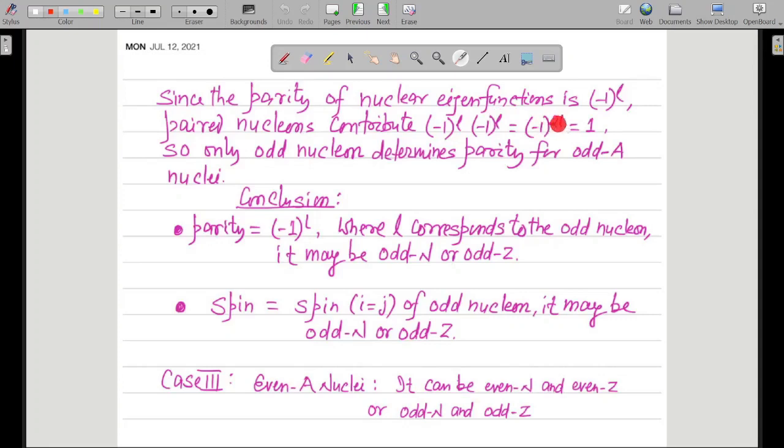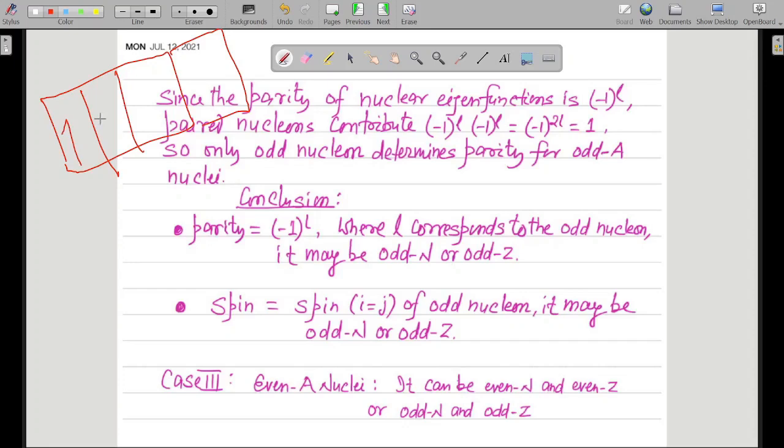So minus 1 to the power 2L becomes plus 1, and plus 1 means even parity. So only the odd nucleon determines parity for odd A nuclei, clearly, since the others are paired up. Okay, see over here.